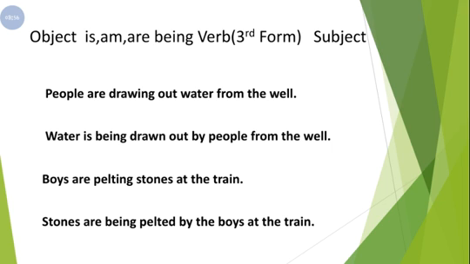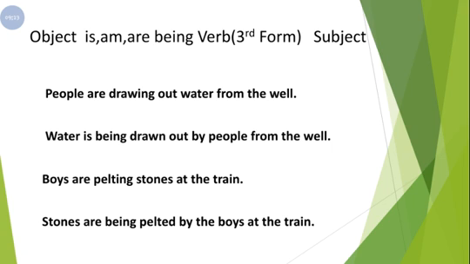In passive we always use third form. Stones are being pelted by the boys. Boys, this is your subject, and in passive voice we write the subject at the end with the help of by. Stones are being pelted by the boys at the train. So students, this is how we make the passive of present continuous tense.